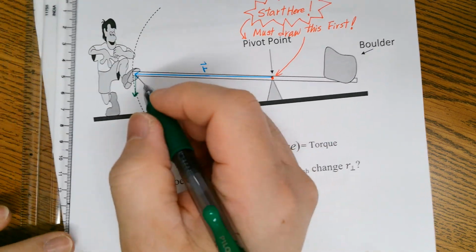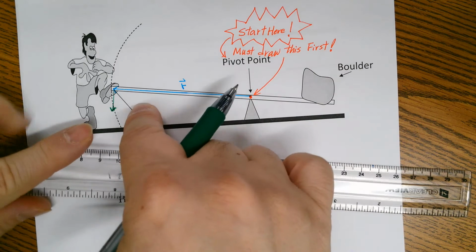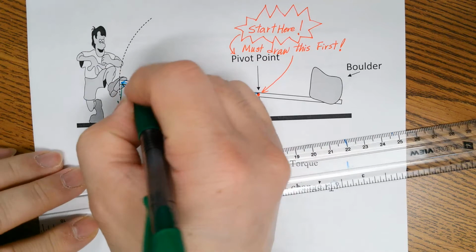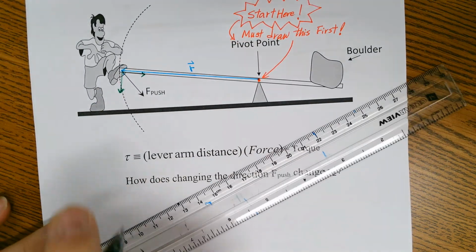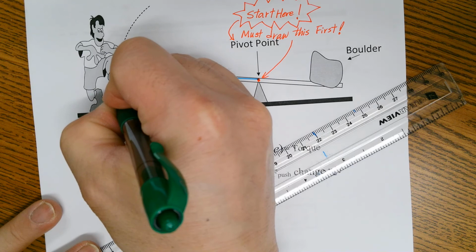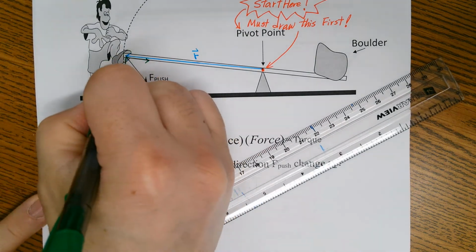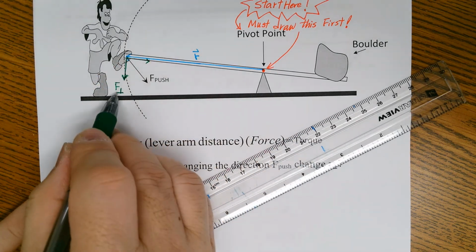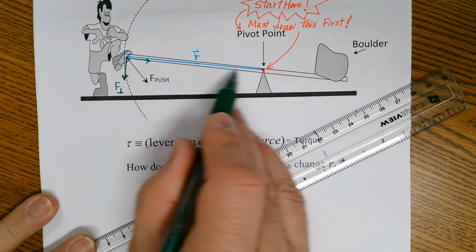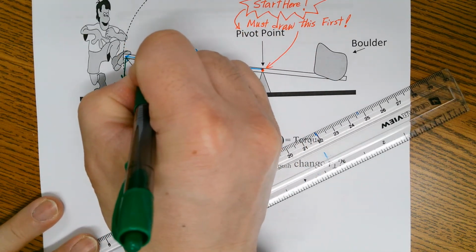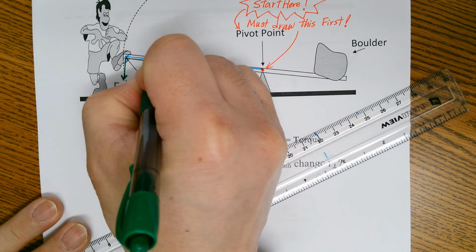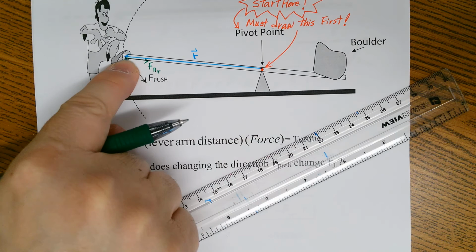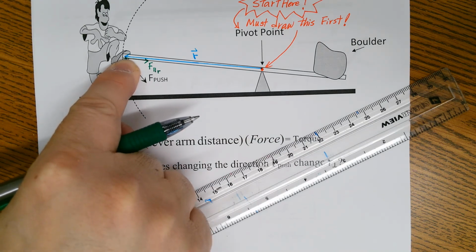So this force push, and the R component of this force, like so, okay? This force push perpendicular is going to rotate this lever, and this force that is parallel to R is going to do no rotation at all whatsoever.